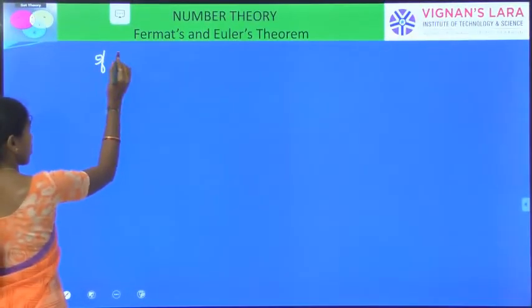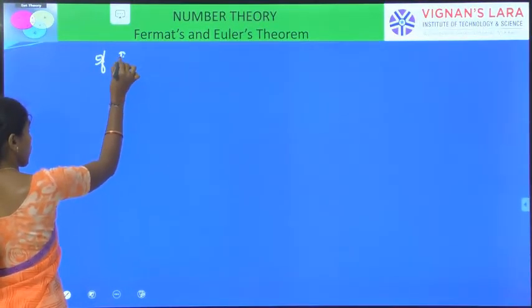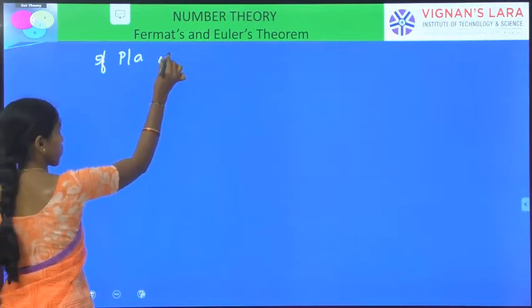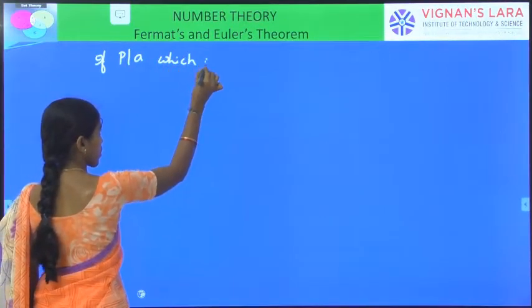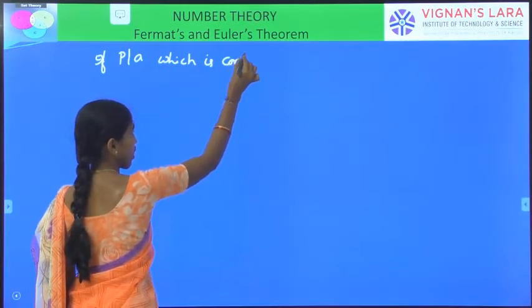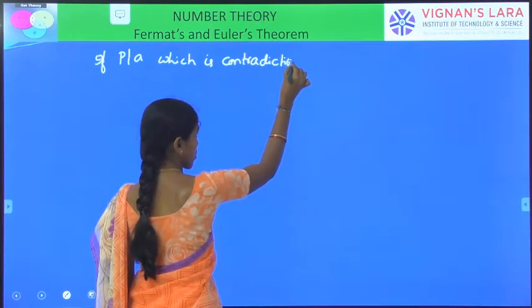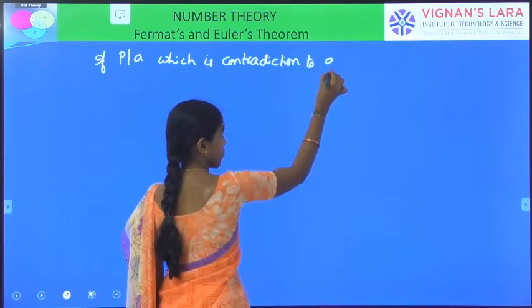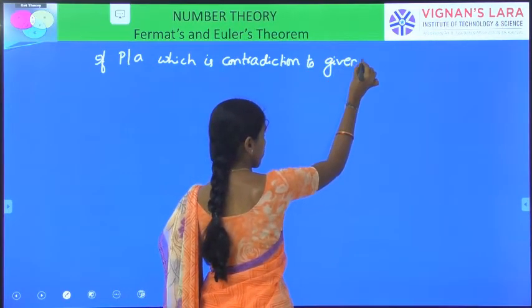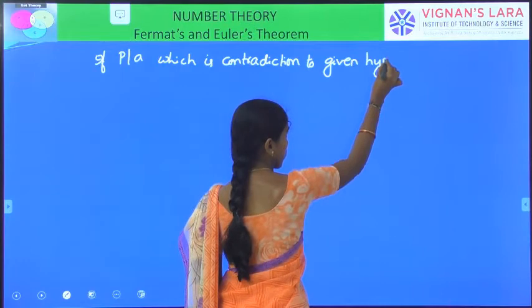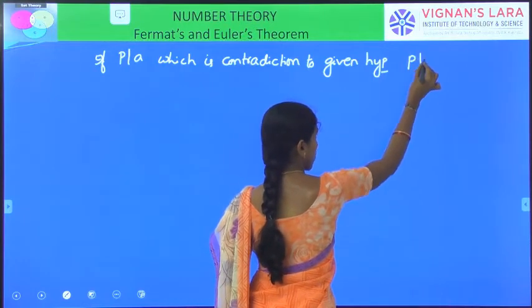If P divides A, which is a contradiction to the given hypothesis. What is the given hypothesis?